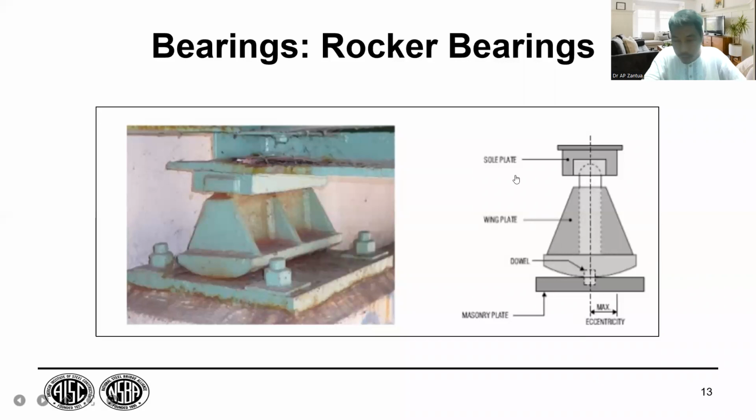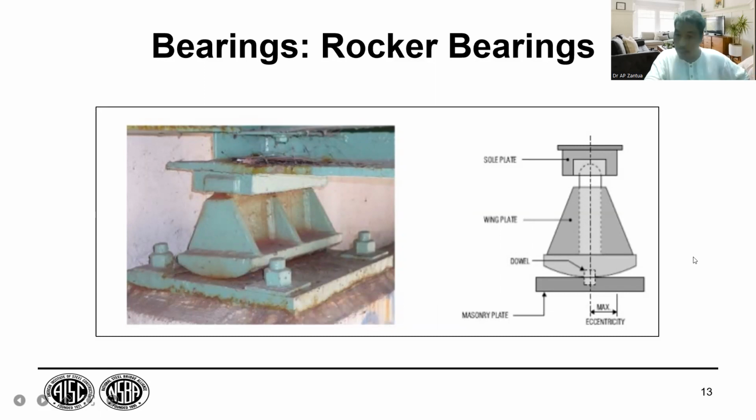So what are the components? Masonry plate. Actually here, this is not a masonry plate; this is a steel plate. This one is the masonry plate. Masonry meaning we have cement, sand, and water.